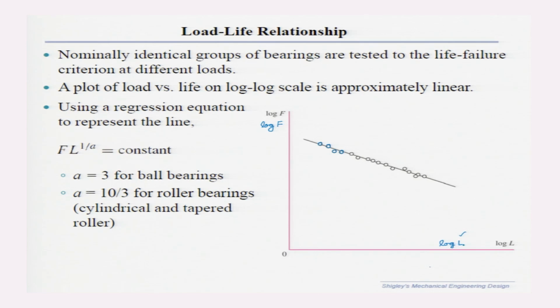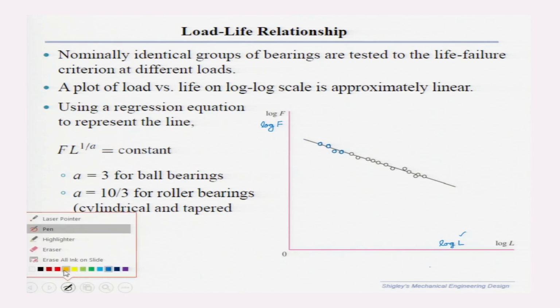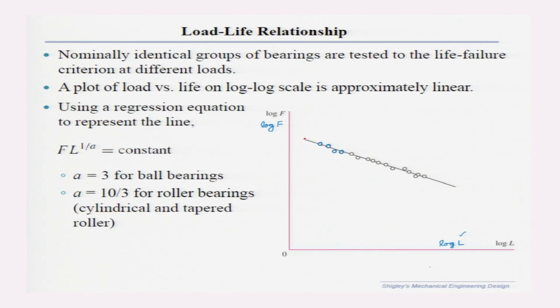So it has been found that with the increase in load, the life decreases. With decrease in load, life increases on the log-log scale. This is a log-log scale. So by drawing a best fit line, this is the best fit line.